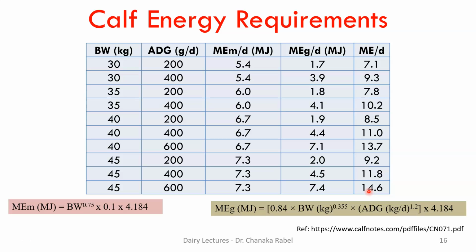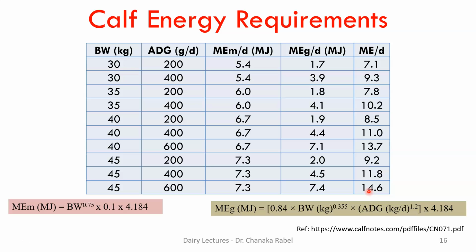Maybe it's getting 10 megajoules, right? So this is when it gets complicated. And then to get 10 megajoules, maybe the calf needs to eat 400, 500 grams. That's how this calculation needs to be done.